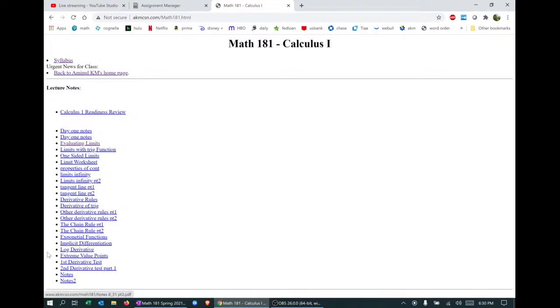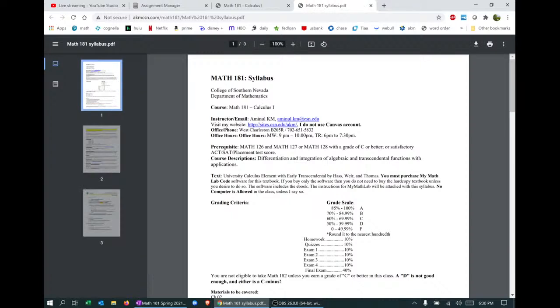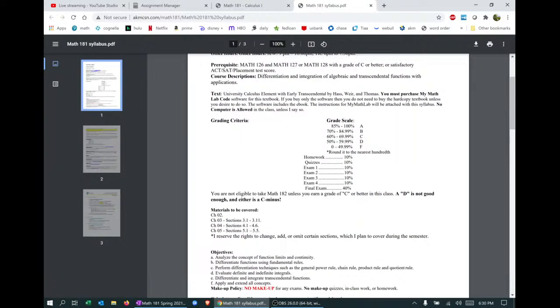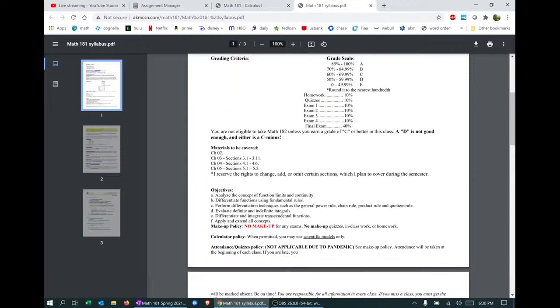I have all the lecture notes. If you missed my lectures, you could download all of these on your own. Click on the syllabus. This is my grading criteria. 85 to 100 is an A. I don't use plus minus. 72 to 84.99, and so on. These are my grading scale.